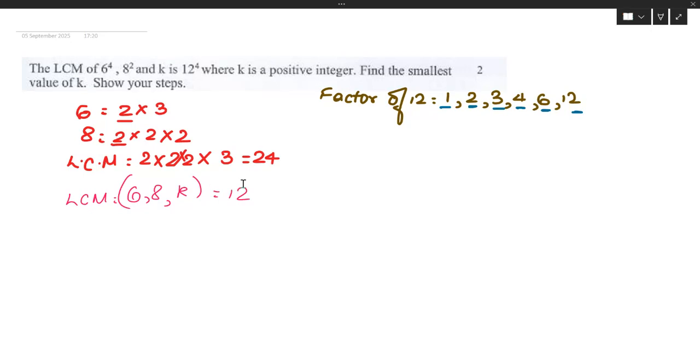But again, that statement comes up that 12 is not divisible by 8. So there is no value of k unless this problem is rewritten. So there is no answer. We just have to show the steps. Clear?